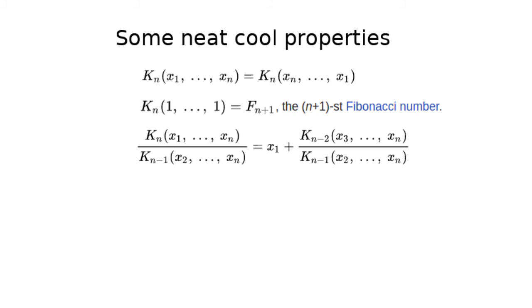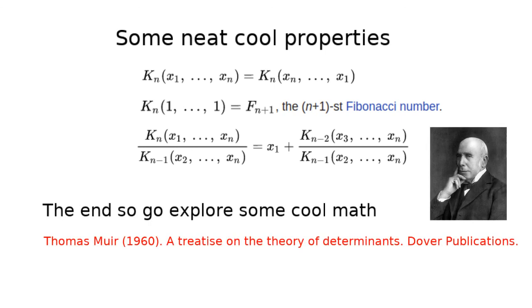I used to see that a long time ago in libraries. It was written by this guy, Thomas Muir. I think you pronounce it Muir. It's just an amazing book. It covers continuants, it covers hyperdeterminants, it covers everything.